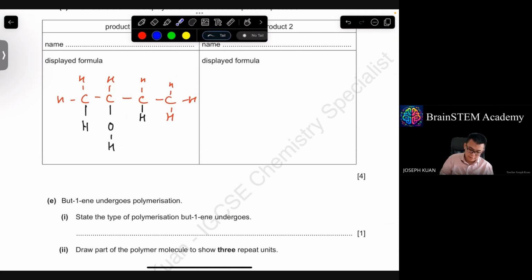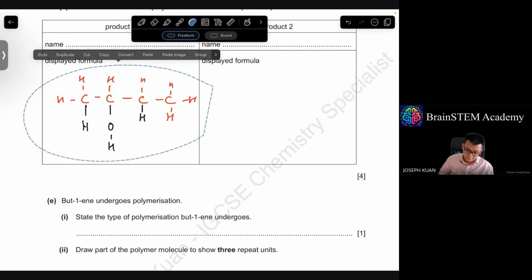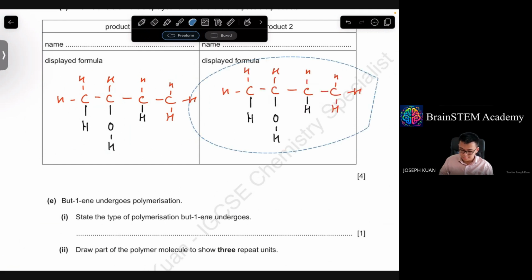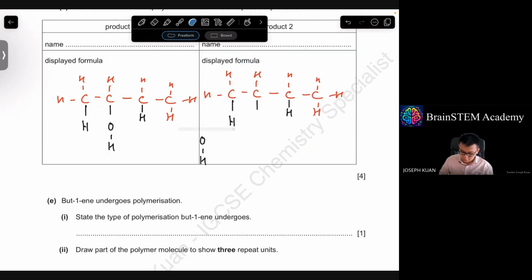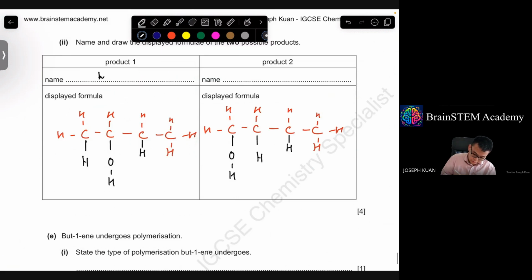Carbon 1 gets connected to a hydrogen atom, carbon 2 gets connected to the oxygen and hydrogen. Then you have the second product, which is the opposite. So you get butan-2-ol or butan-1-ol.